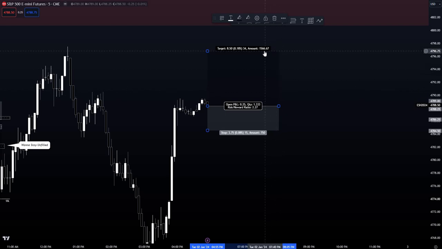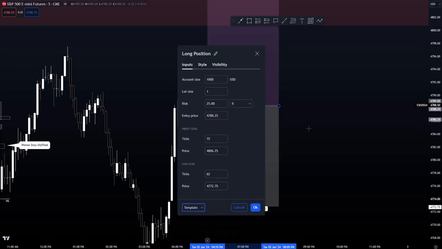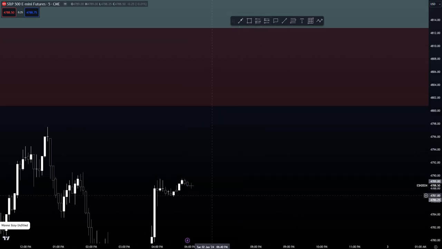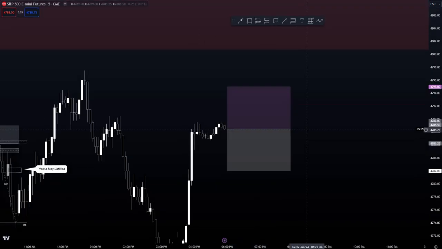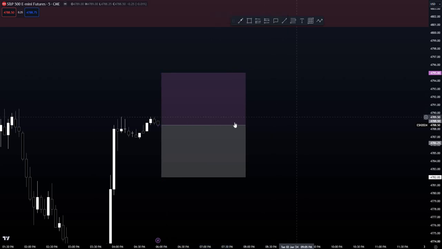And you're going to have your take profit, which is the end of this black box here. To make this even more visible, we can change this to purple, just so it looks a little bit more visual for you. So instead of it being black, it's going to be the end of the purple box.